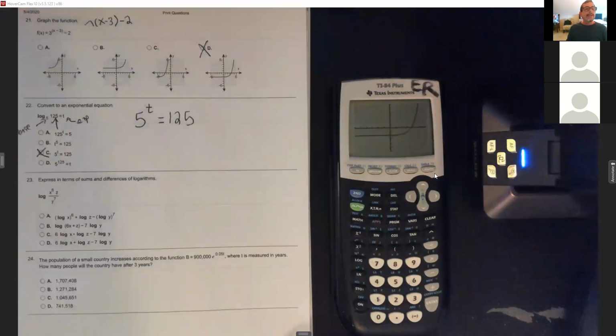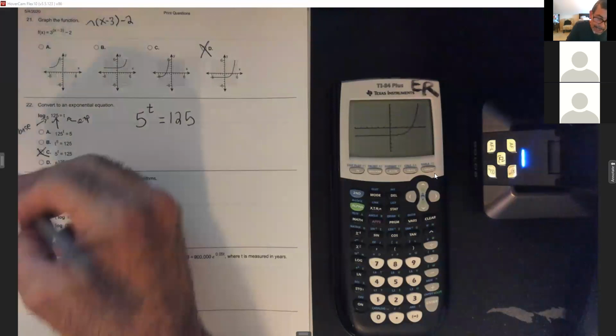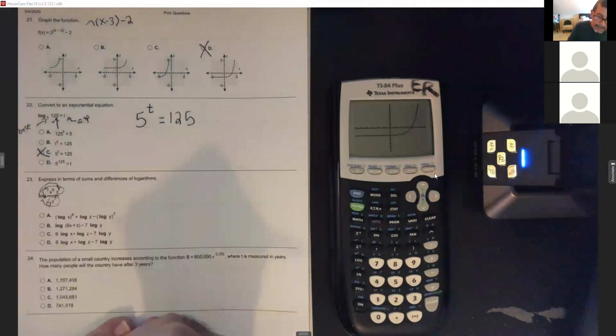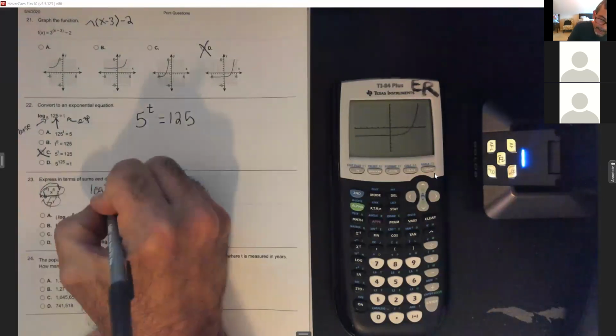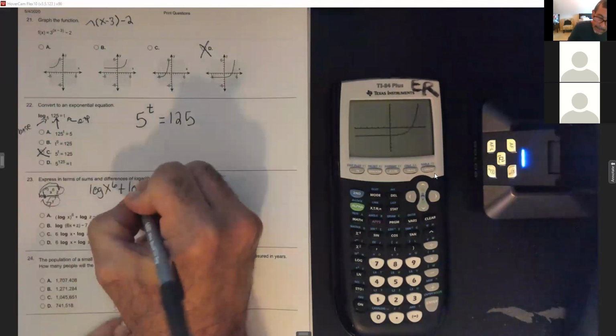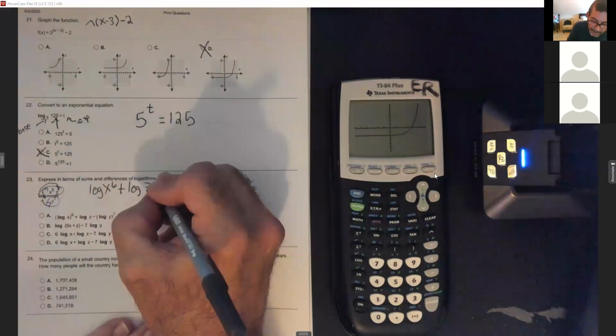All right, what's 23? Express in terms of sums and differences. So if it's on top, it's going to be added. If it's on bottom, it's going to be subtracted. And you got to distribute that log to everybody so that we get a log x to the 6 plus a log z to the, what's that, a 7?